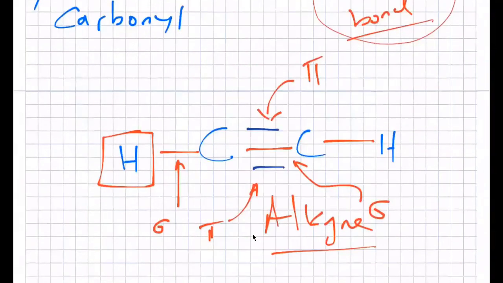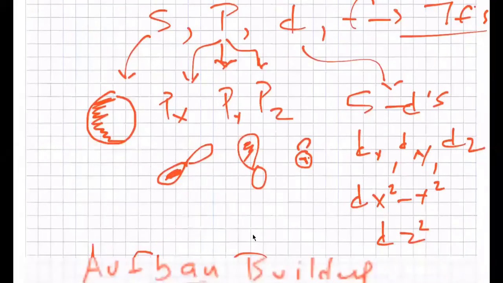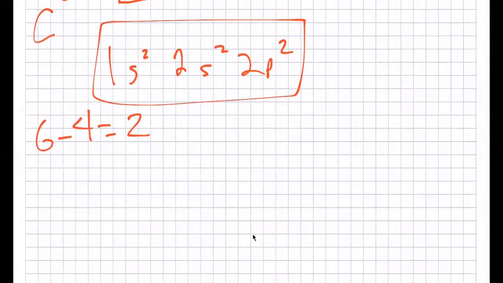How many bonds does this carbon have right here, highlighted in pink? 4. Does that make sense to you based on what you know about how bonds are formed? Okay, so let's back up. How do we make bonds? Anybody? By sharing electrons.